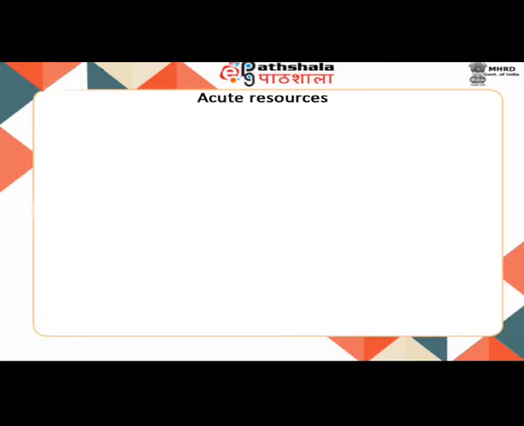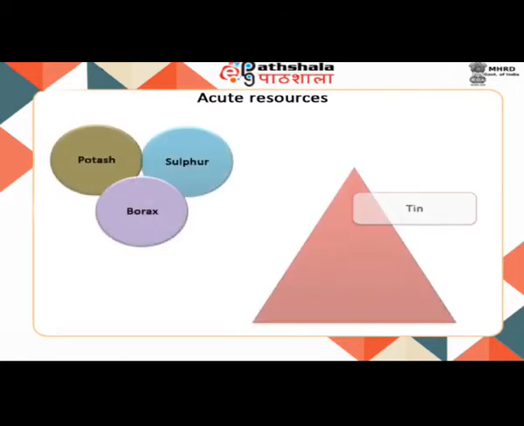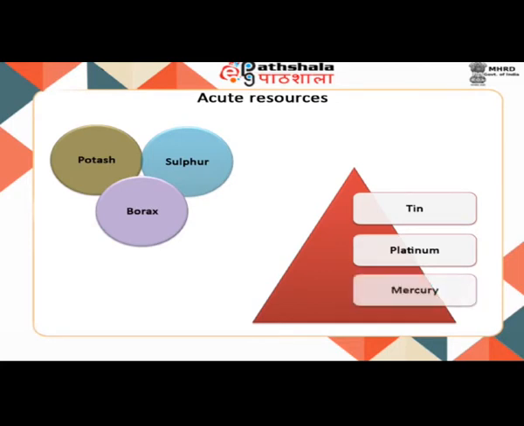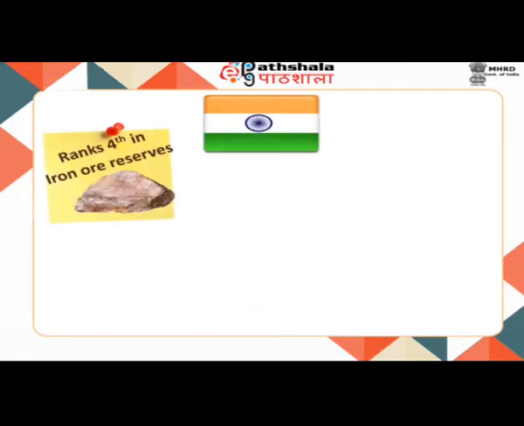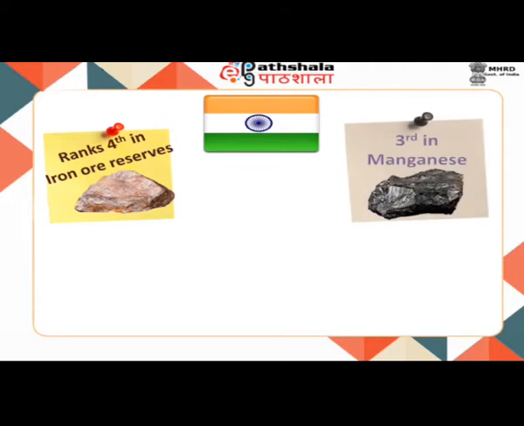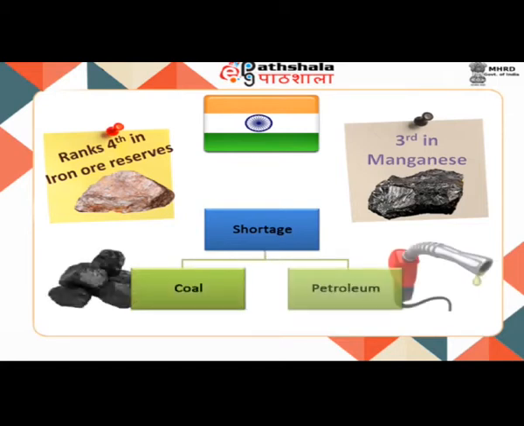There are other minerals in acute quantity available like potash, borax, sulfur, tin, platinum, and mercury. Although India ranks fourth in iron ore reserves and third in manganese, it faces a shortage of two most important fuels, namely coal and petroleum.